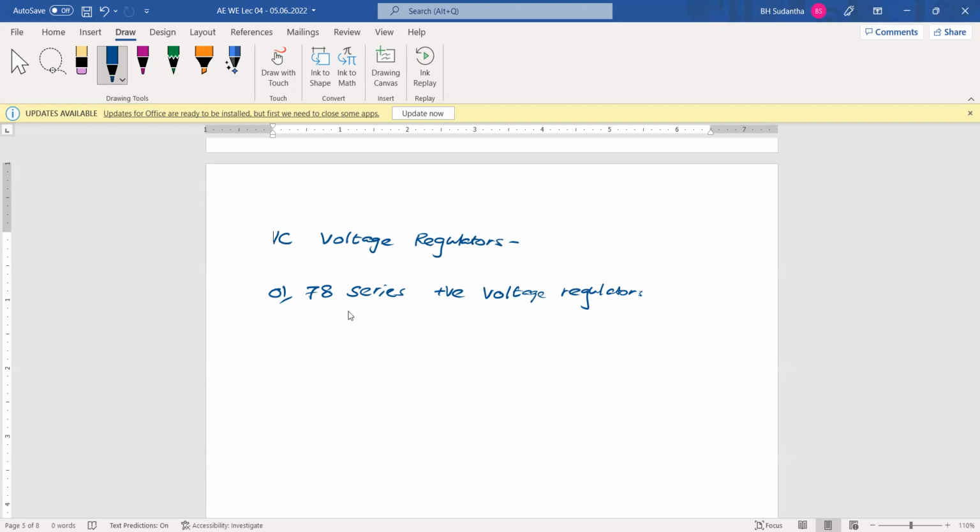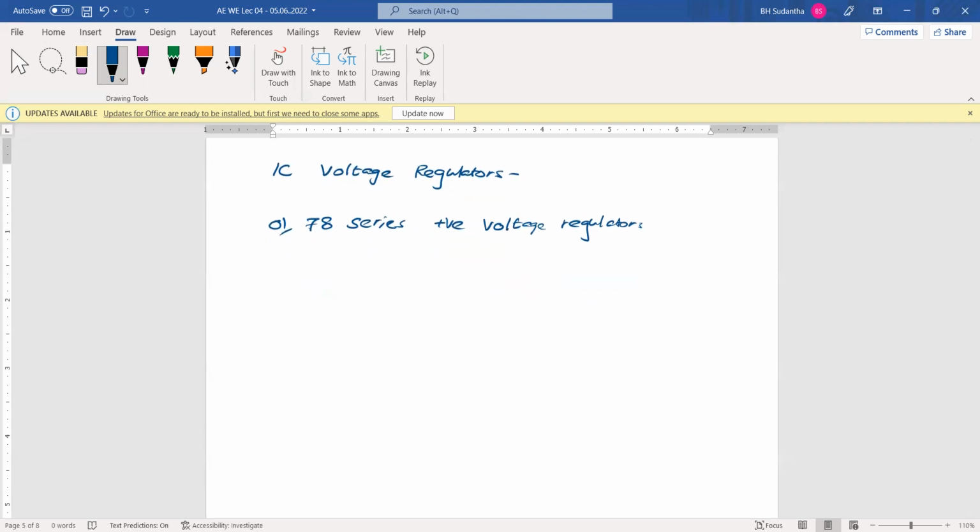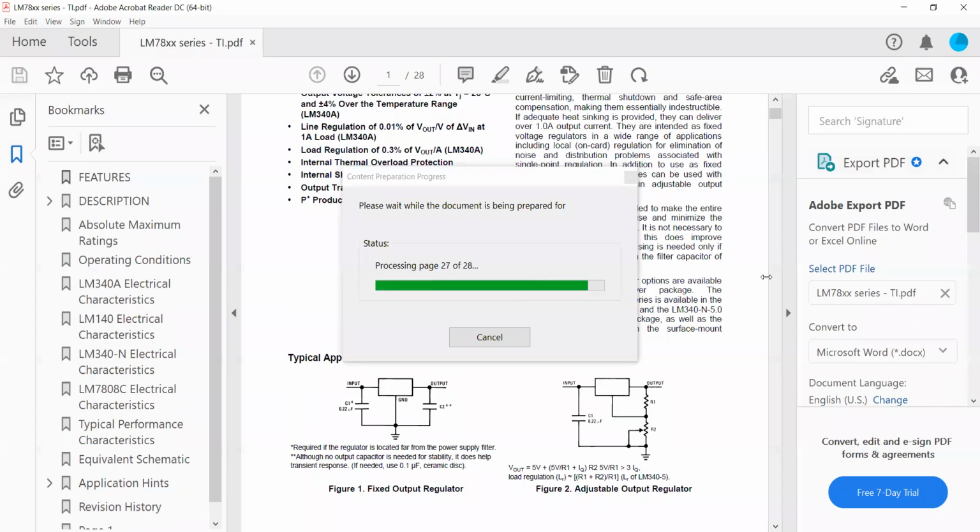Okay, this IC is something like that. I'll show you a data sheet. Okay, you can see this one.